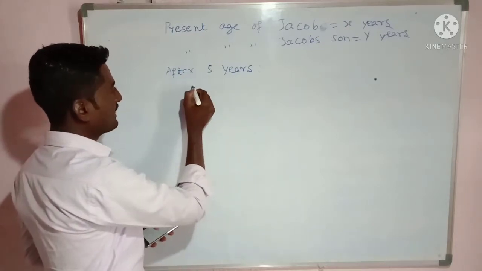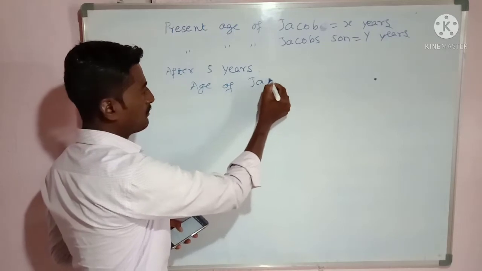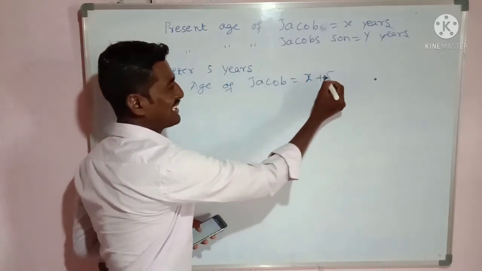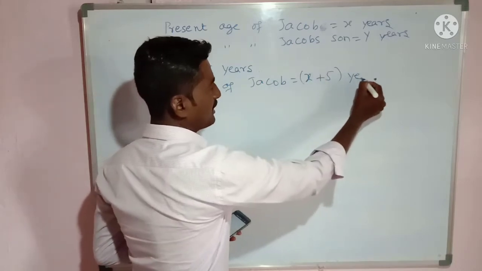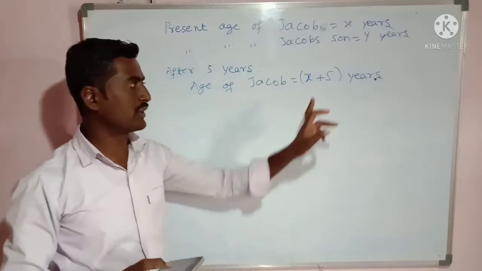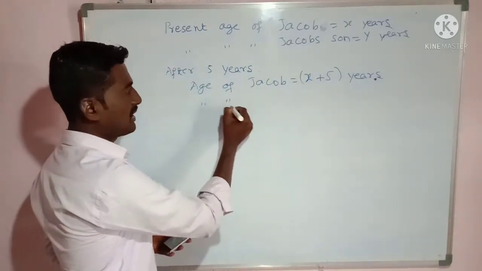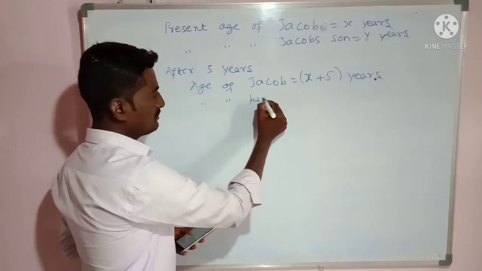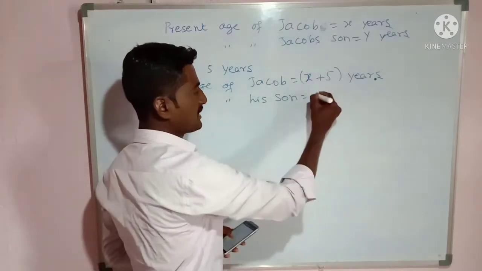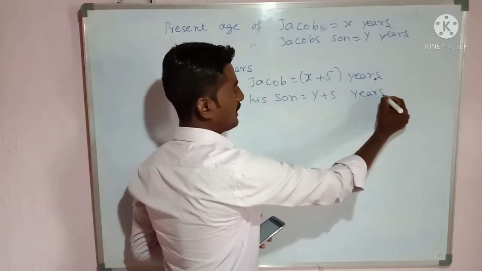After 5 years, the age of Jacob will be x plus 5 years. Am I right? So the present age was x, and after 5 years is nothing but plus 5. And next, the age of his son is equal to y plus 5 years.